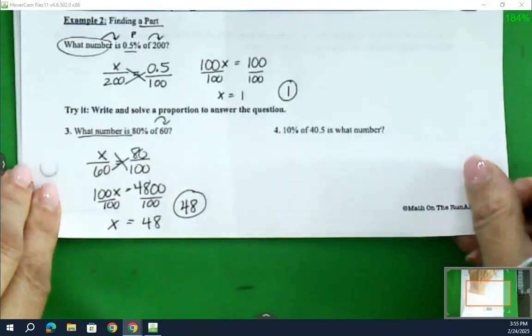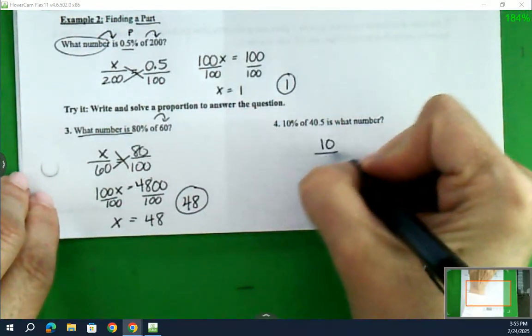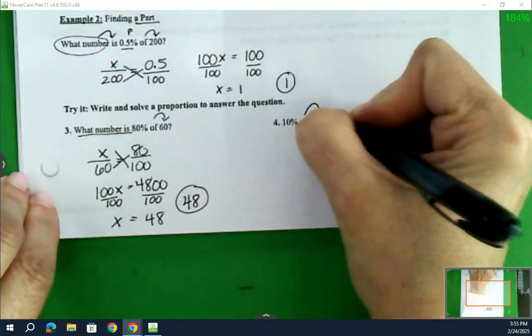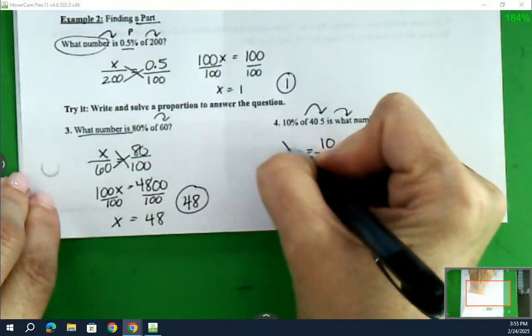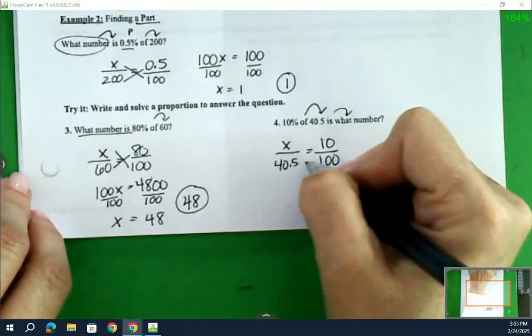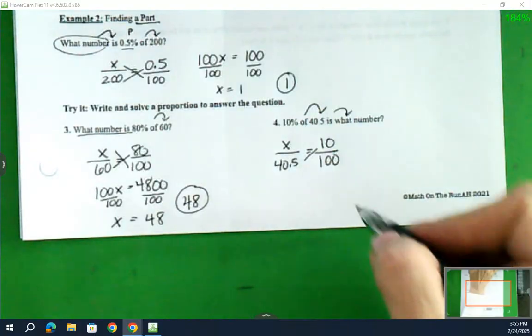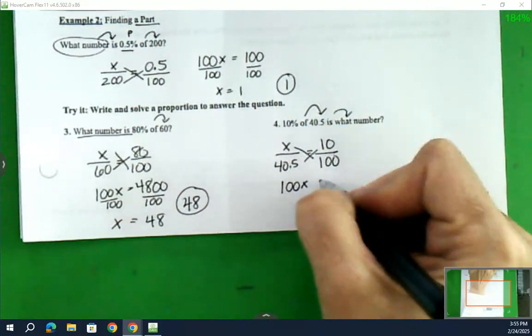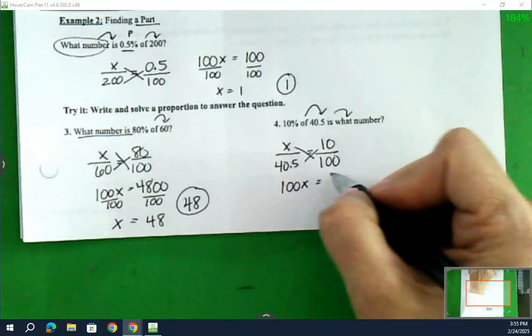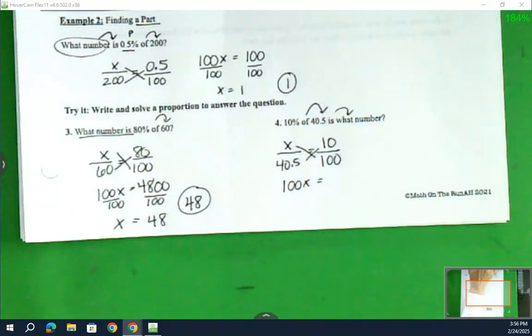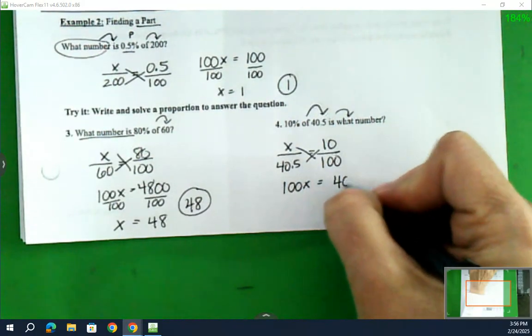Okay, looking at number 4, 10% of 40.5 is what number? Okay, multiplying, we have 100x equals 405.